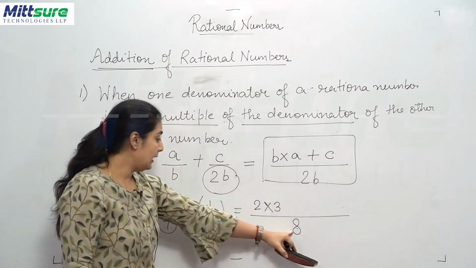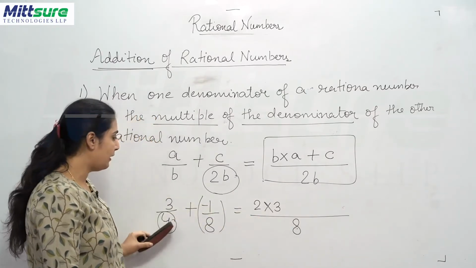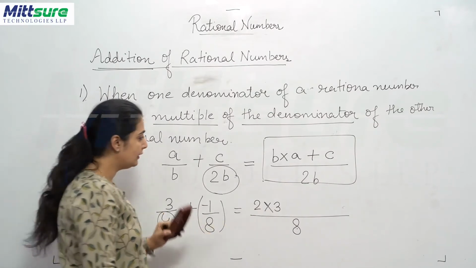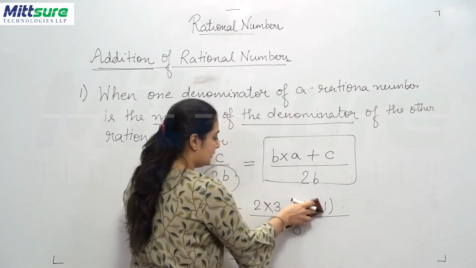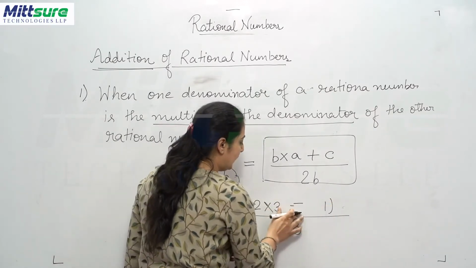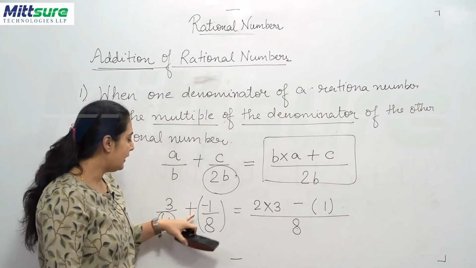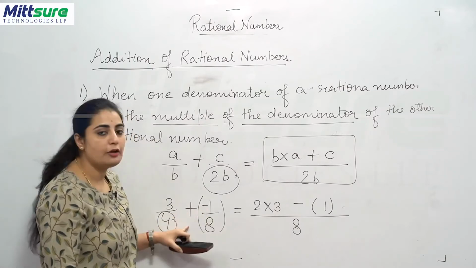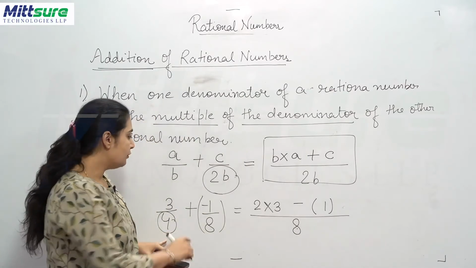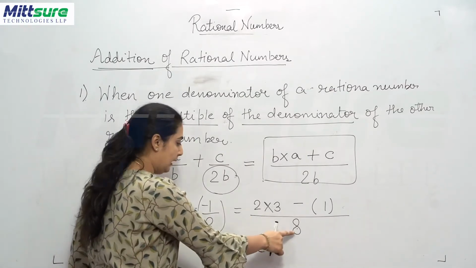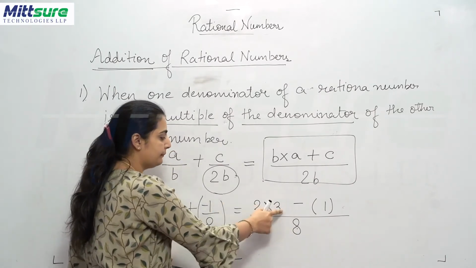Now this 8, how do I get this 8? This 8 will be divided by 4. The result will be 2. Clear? Then plus into minus 1, that is minus 1 only. I can write directly also. I don't have to repeat this step again and again. I can do the multiplication of the signs here and I can put minus 1 directly. Clear? So when I divide this 8 by 4, I get 2 and I multiply this 2 by 3.